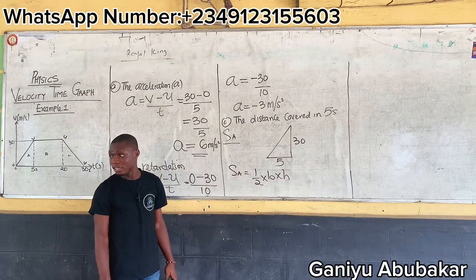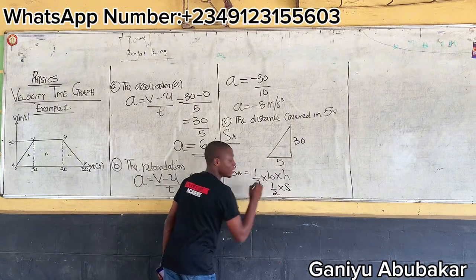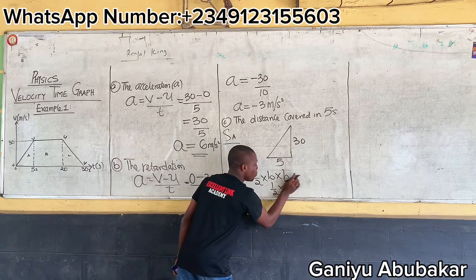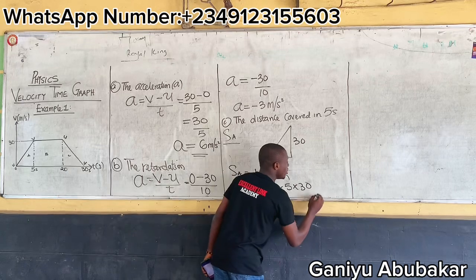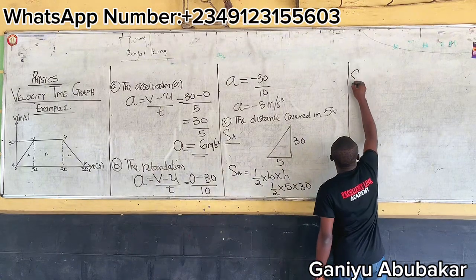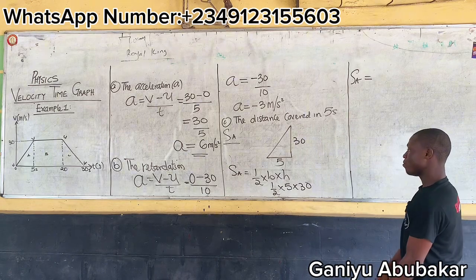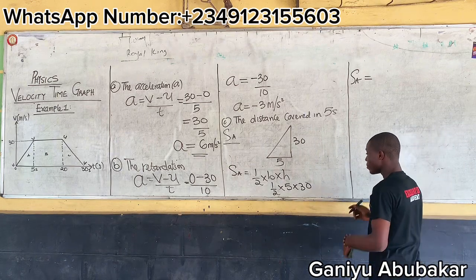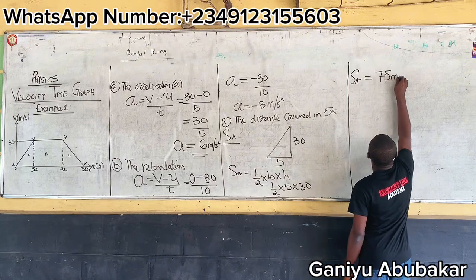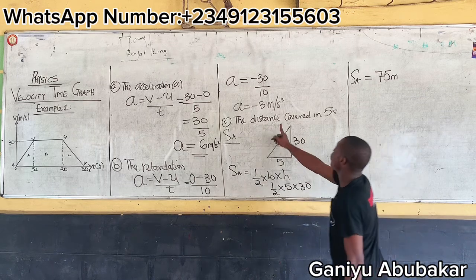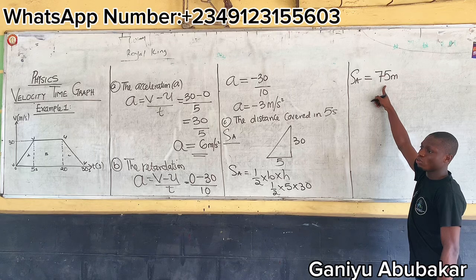That becomes half times 5 times 30. What's my answer? 75. 75 in what? In meters. So the distance covered in 5 seconds is 75 meters. That's all. Look for the area.